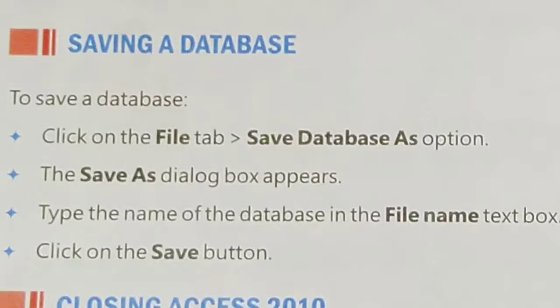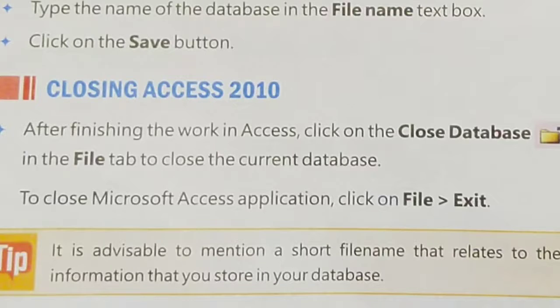And the next point is closing Access 2010, means how to close Access 2010. So after completing the work in Access, click on the close database option in the file tab to close the current database.